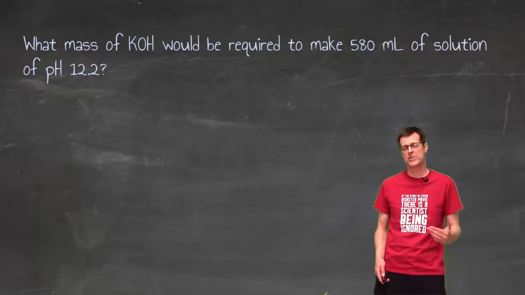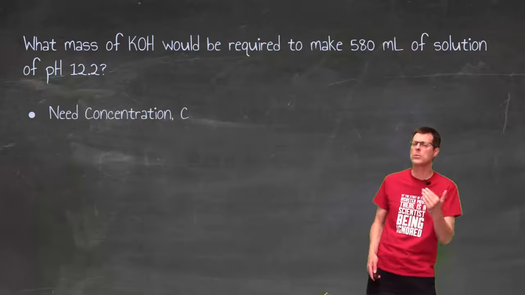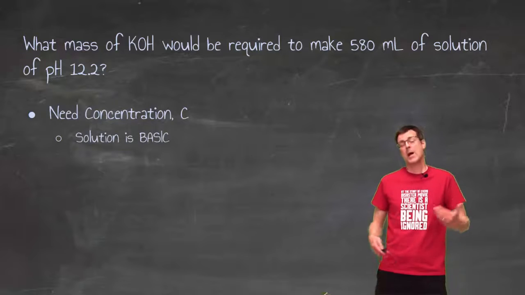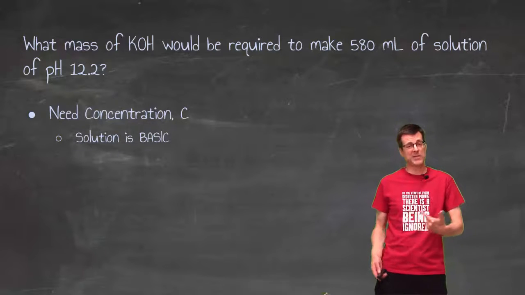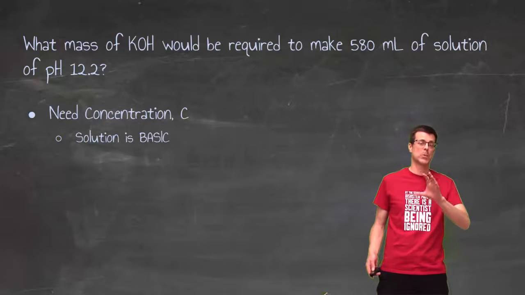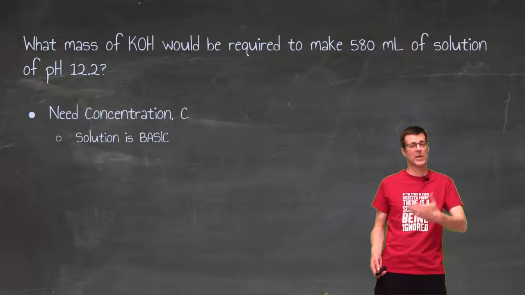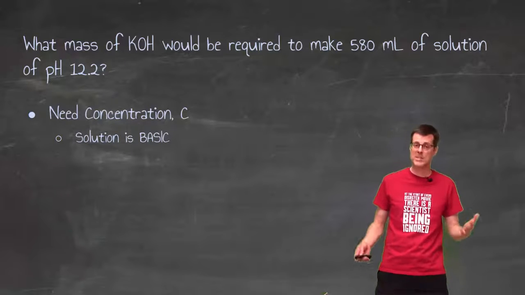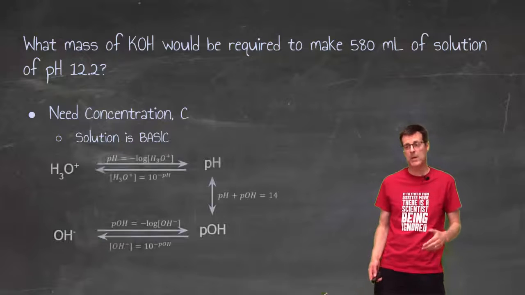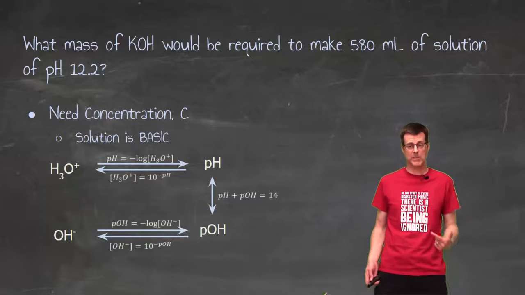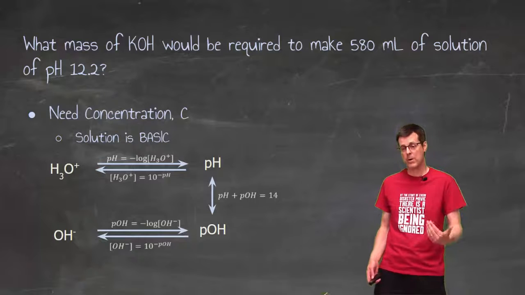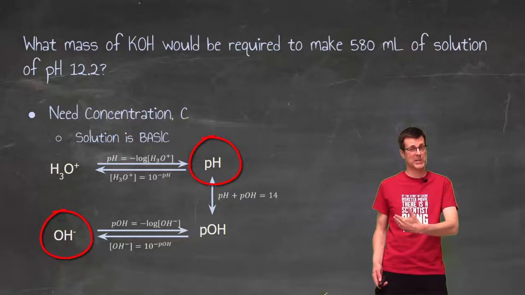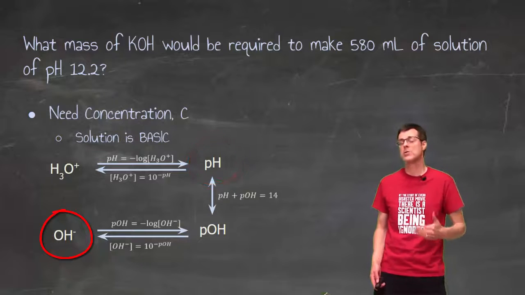How do I find concentration? Well, I'm working with a solution that has a pH. So I also have to think about the fact that that solution is basic, because when I'm working with pHs, I have to remember that how I find the pH of an acid and how I find the pH of a base are similar, but they're not identical. So I need to look at this again and figure out where I'm starting from, which is pH, and where I'm trying to get to, which in this case, potassium hydroxide, is the concentration of hydroxide.